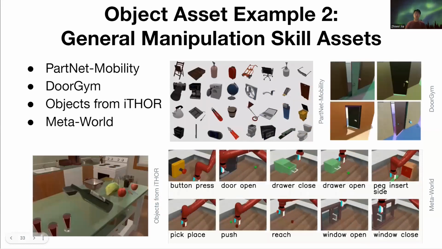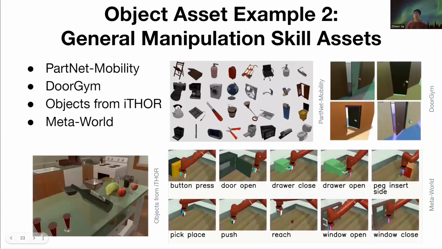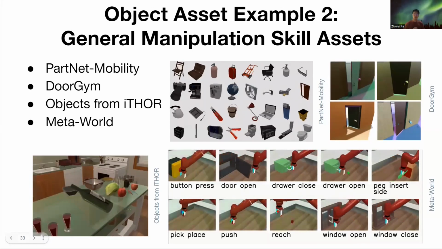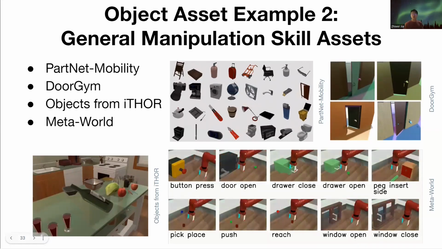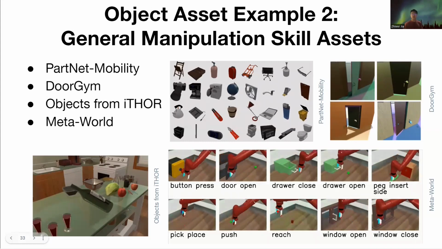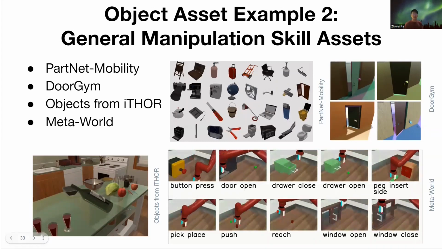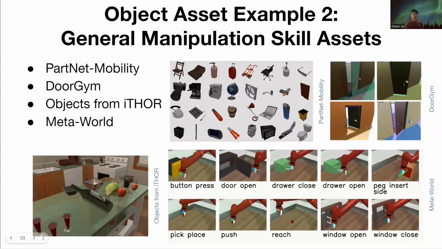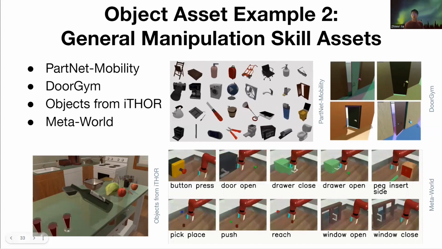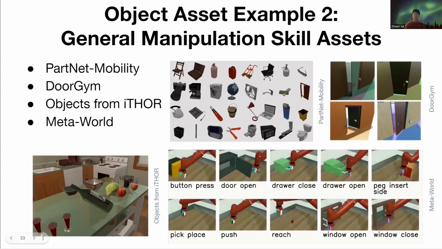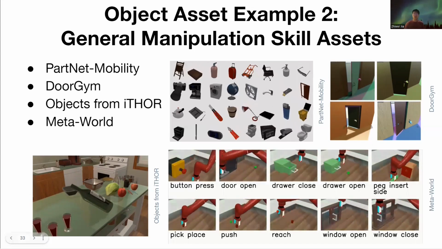The second example of object assets are those for general manipulation skills. Here we demonstrate four specific assets, namely PartNet-Mobility, DoorGym, object assets from iTHOR, and object assets from Matterport. PartNet-Mobility is a collection of diverse articulated objects.